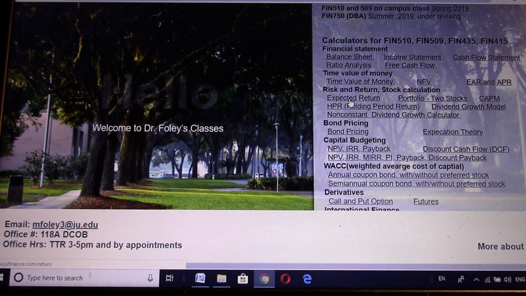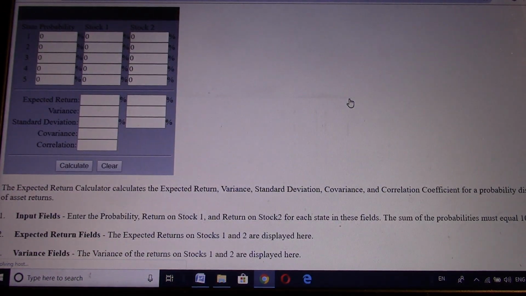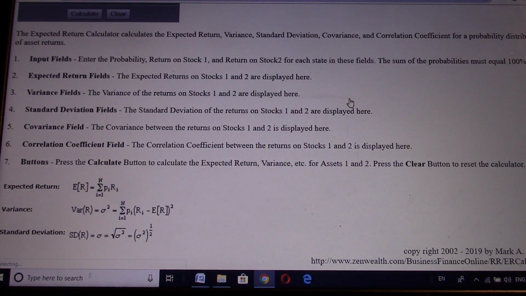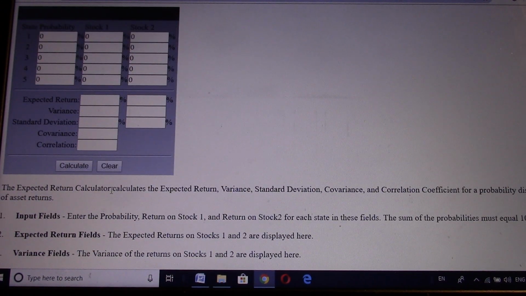Click on this one, and you will find the math equations here. This is the variance equation, this is the standard deviation equation, and this is the expected return equation. But you can also use this calculator to calculate the variance and standard deviation directly.